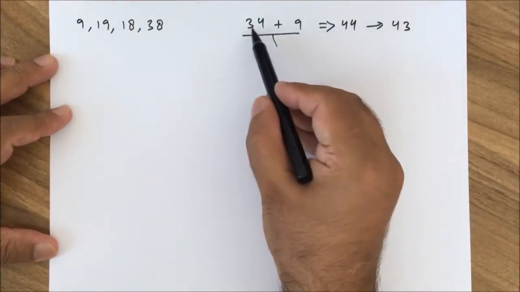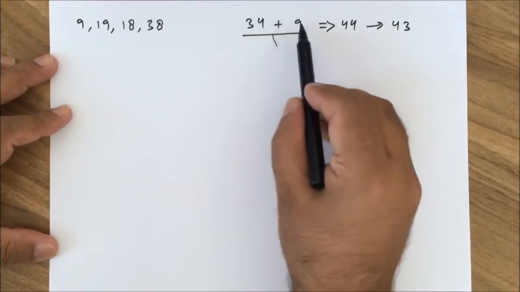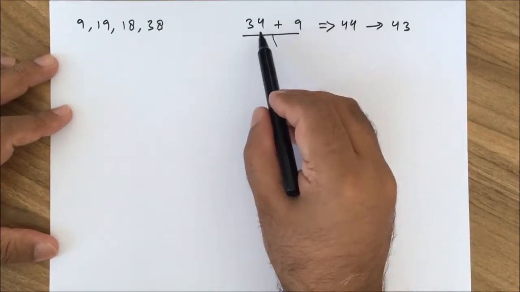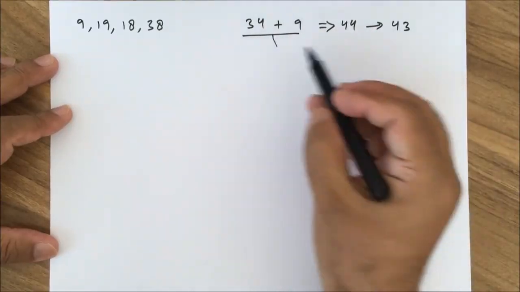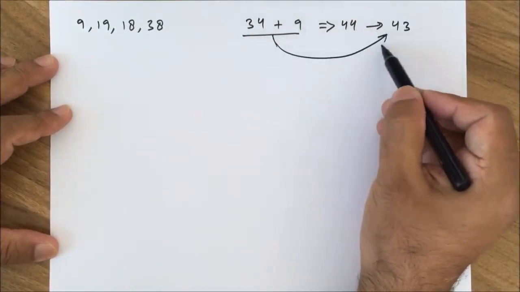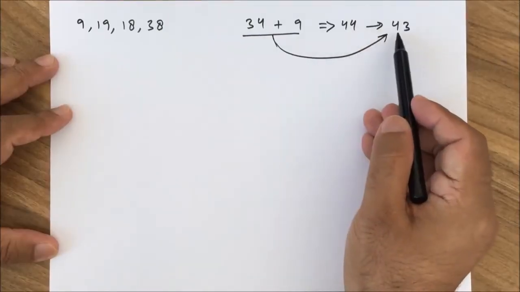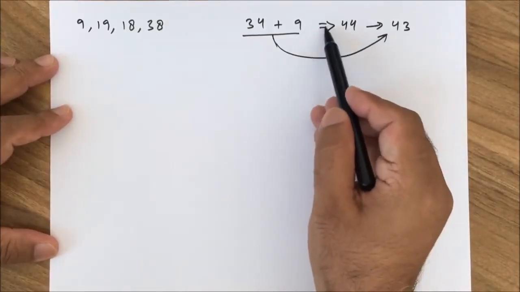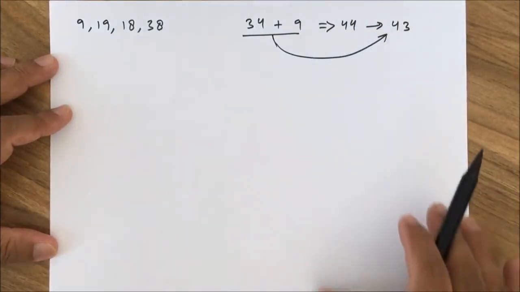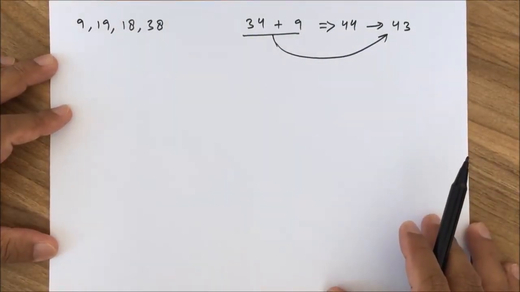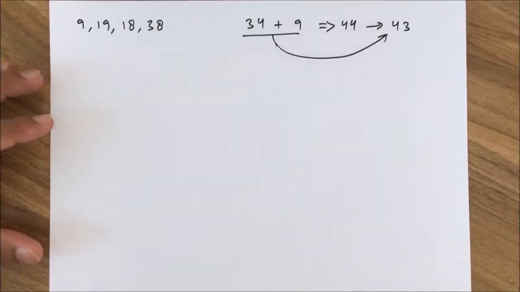In your mind, after looking at this addition sum, you should just say 34, so 44, 43. I'm not making it equal to 44, it's not equal to 44, but this should be going on in your mind. Okay, do this practice, then we'll move on.